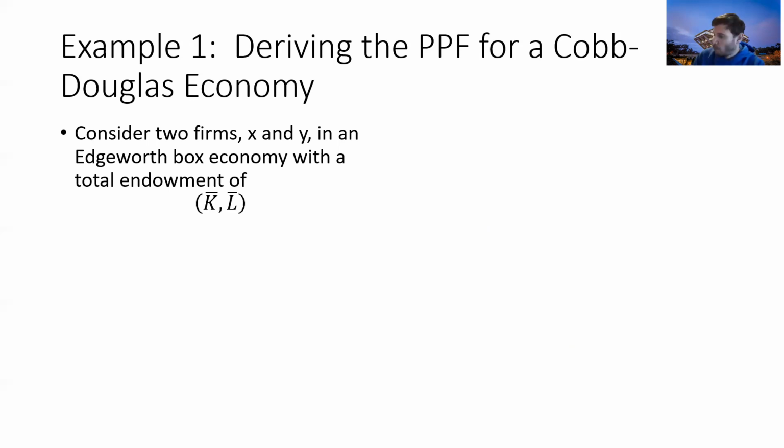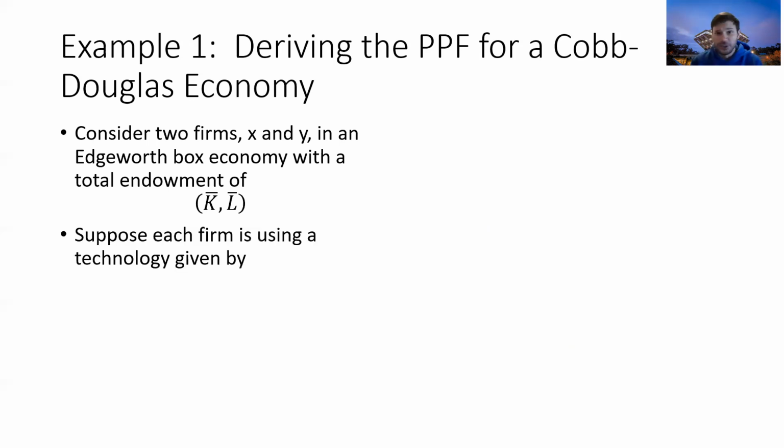So we have here an endowment of capital and labor. Okay, meaning any efficient utilization of resources is going to use all of that capital and labor. Okay. And let's suppose we have each firm using a technology given by our standard Cobb-Douglas, K to the alpha, L to the beta.